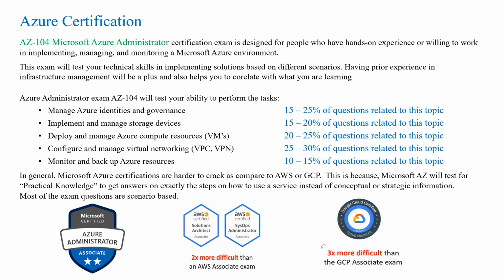Similarly, Google Cloud GCP certification is 3 times easier compared to Azure. Here, the picture was supposed to be on the other side for easy comparison. So in general, Azure certifications are much harder to crack.